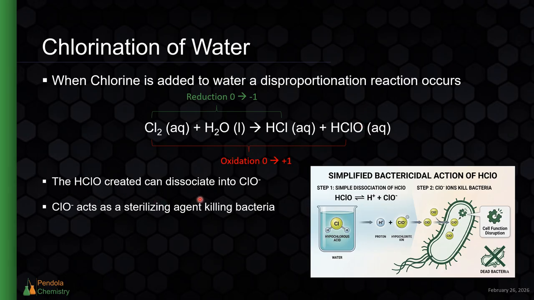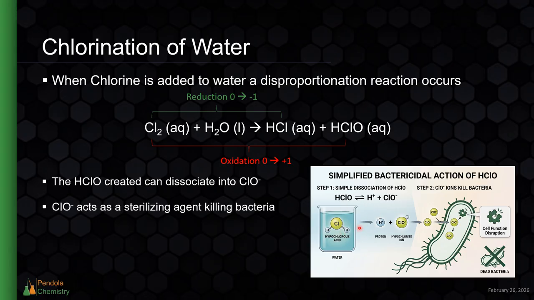The HClO created dissociates into hypochlorite ions, ClO minus, and those hypochlorite ions act as sterilizing agents, killing bacteria. So when we add the chlorine aqueous to the water, HCl and HClO are created. The HClO is going to dissociate into H plus and ClO minus.